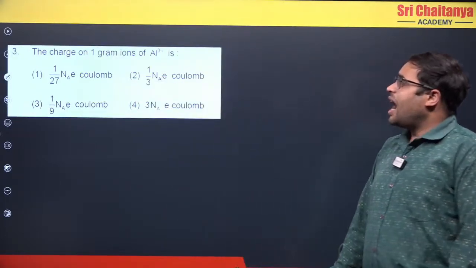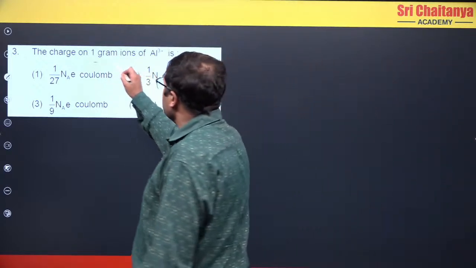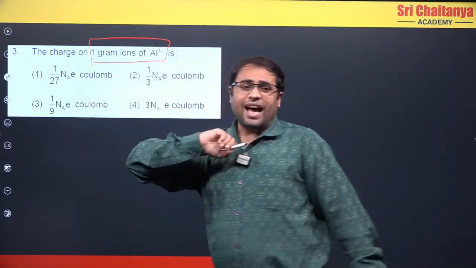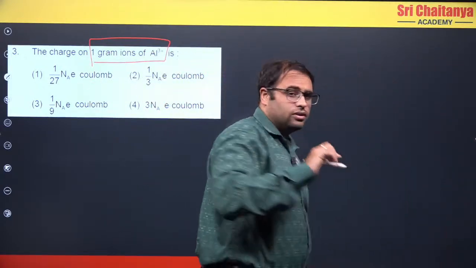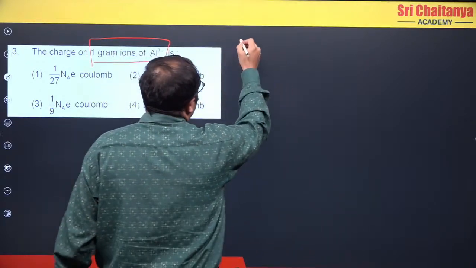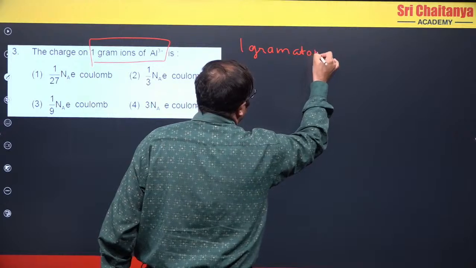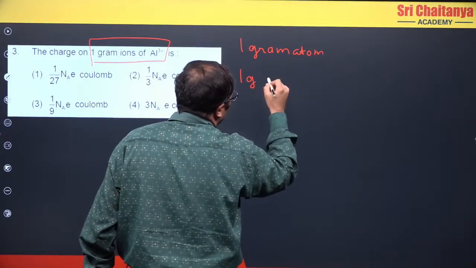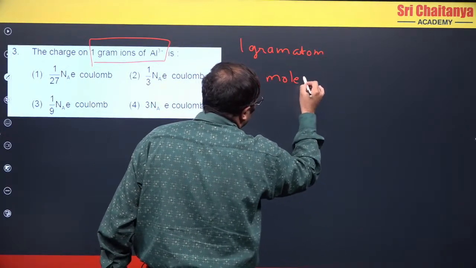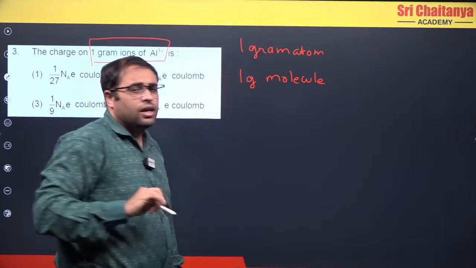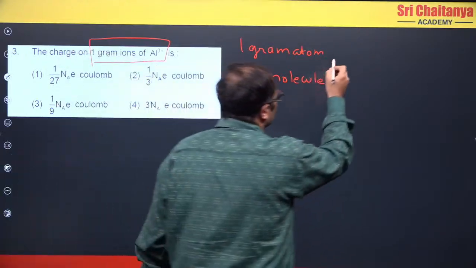Moving on. The charge on 1 gram ions. So remember that if they tell you 2-3 things I'm going to tell here. If they tell you 1 gram atom, or they tell you 1 gram molecule, what does it mean?